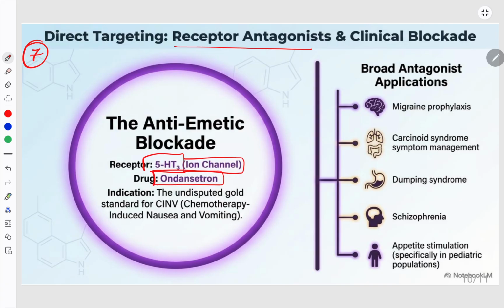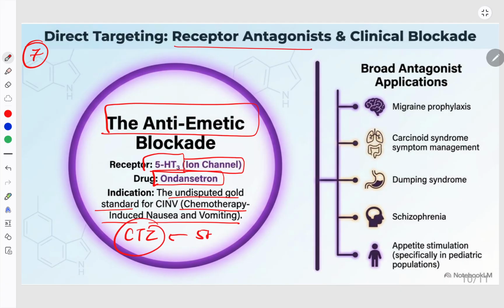This drug is ondansetron, and these are clinically very commonly used antiemetic drugs, and they are the undisputed gold standard treatment for chemotherapy-induced nausea and vomiting. You remember we studied that the CTZ is activated by 5-HT. So they target this and decrease the nausea associated with chemotherapy and radiation therapy.